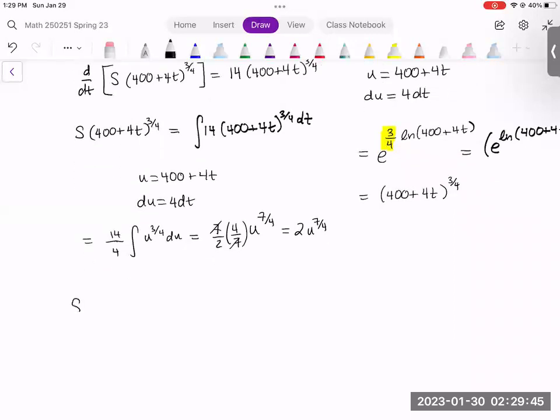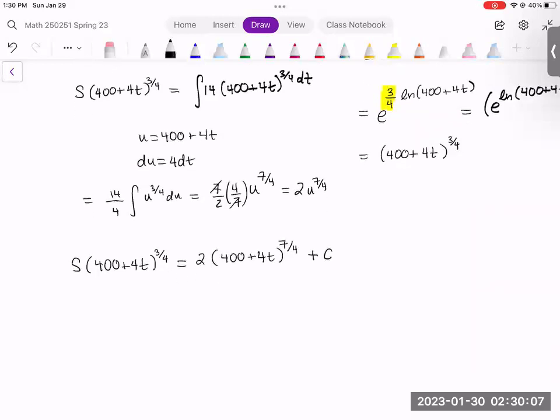So let's simplify this a little bit. We have s times (400 plus 4t) to the 3/4 is equal to 2 times (400 plus 4t) to the 7/4. This is all plus c.